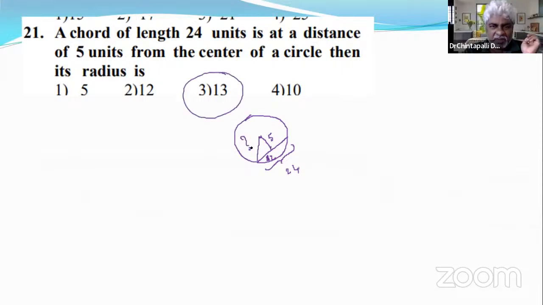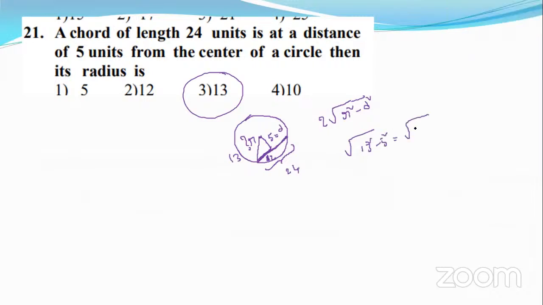And there is a formula for it also. Let the radius be r and the distance be d. By using the Pythagoras theorem, half of the chord is root of r square minus d square. What is the value of root of 13 square minus 5 square?